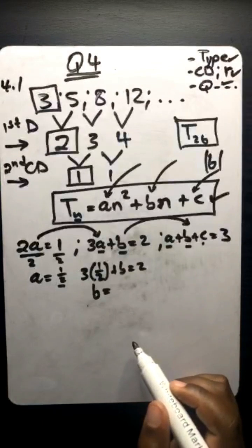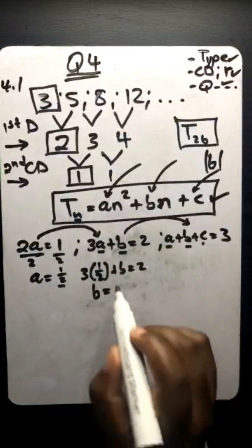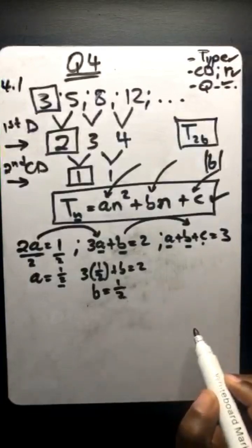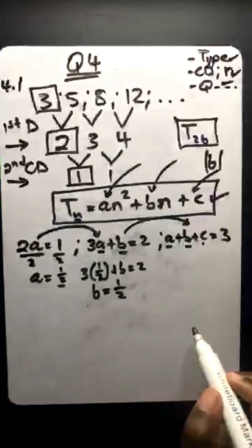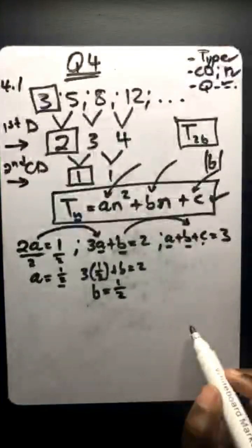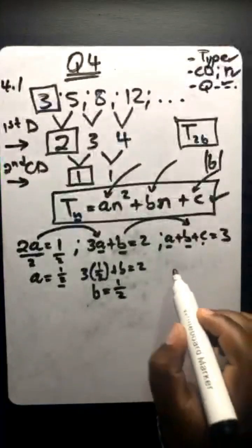One over two. Someone is saying 1 over 2. Is that correct? Is everyone getting the same answer there? Yes, sir. Okay, so now let's see.